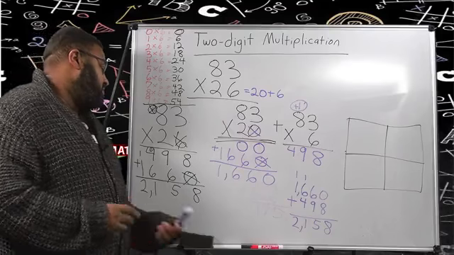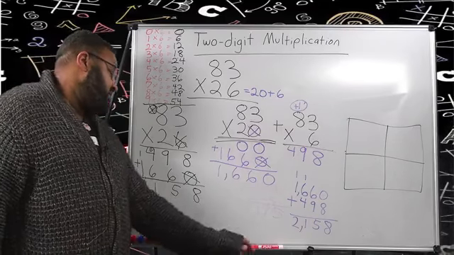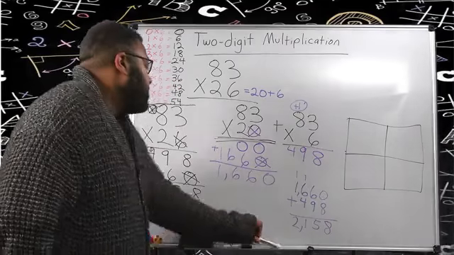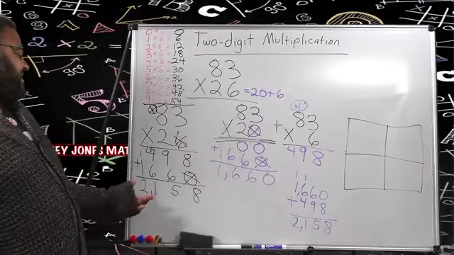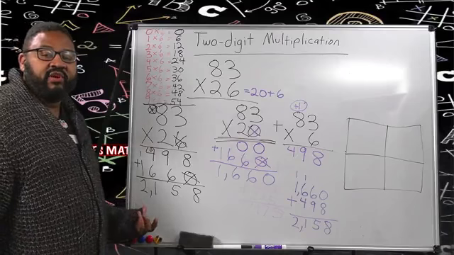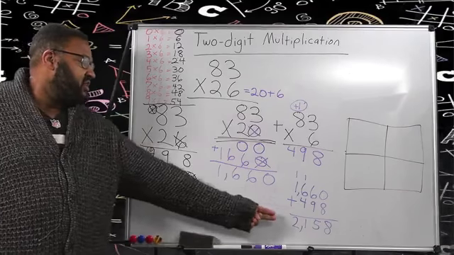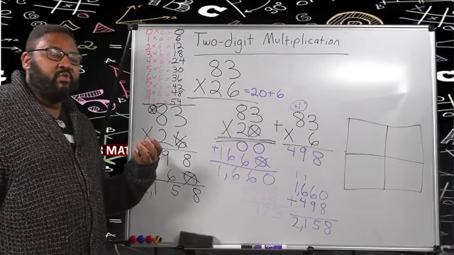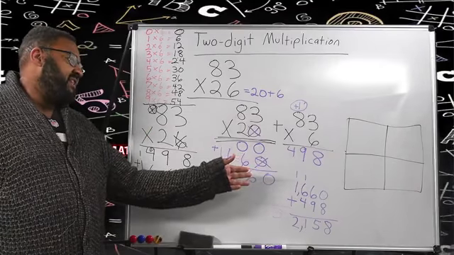Questions or concerns? As you can see, I got the same answer. 2,158. This is Daddy's way or traditional way. This is the modified Daddy's way.